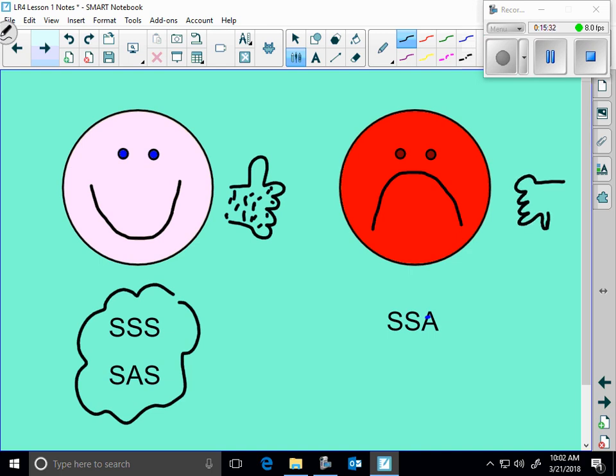Wow, that's a really small thumb. Okay, so side, side, angle is no good. Tomorrow we're going to talk about angle, side, side. That's no good either. No car insurance, no swearing. You won't be told that many times in life, but no car insurance.